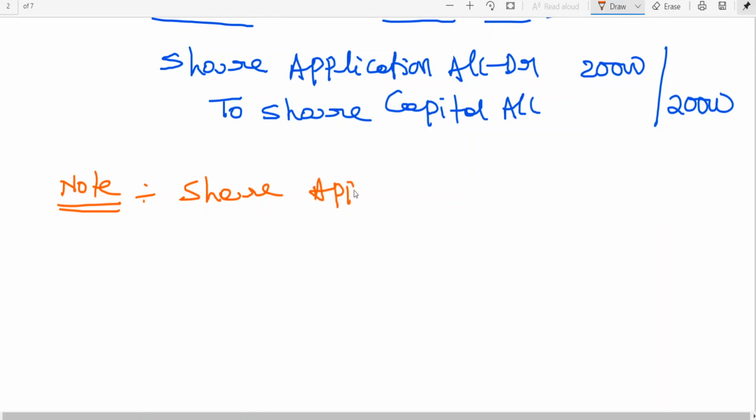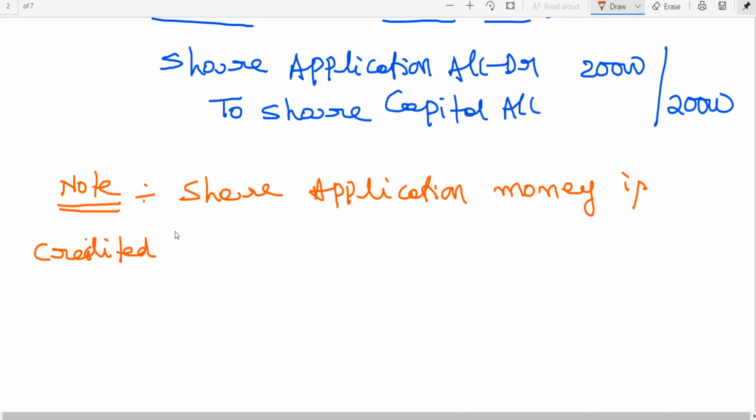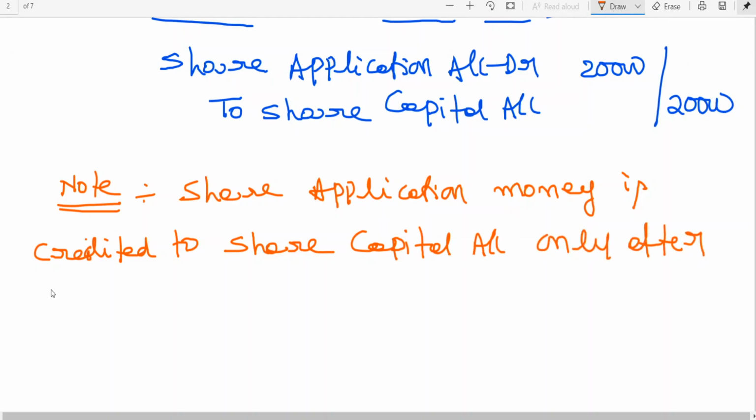Share application money is credited to share capital account only after allotment of shares, not before allotment.